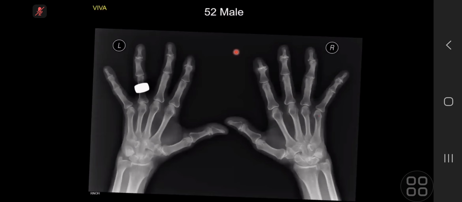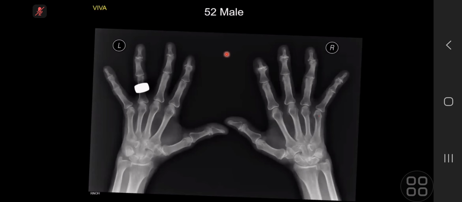Okay. So I'm provided with a dorsal palmar view of both hands of a skeletally mature patient, in which I can see there is involvement of the distal phalangeal joints symmetrically, involving both sides, more marked, and there is a decrease in the joint space as well.